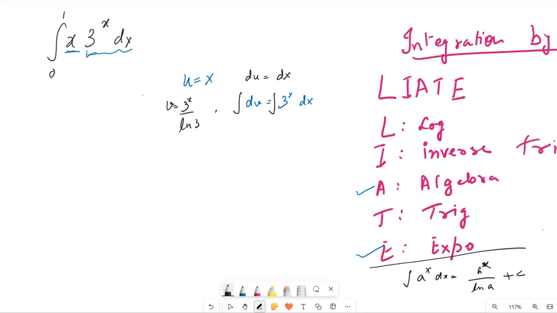Okay. Now remember our rule for integration. The integral of u dv is equal to uv minus the integral of v du. Let's write that down.